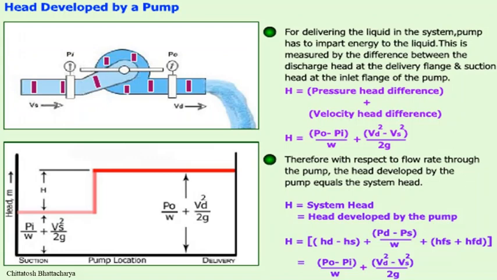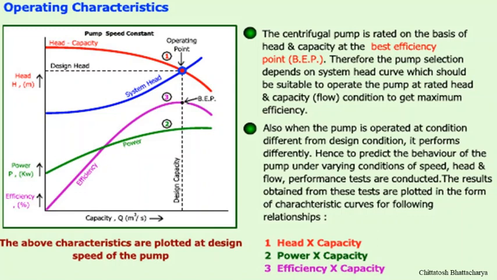Now let us try to understand the operating characteristics. Whenever we employ a pump for a particular purpose, we know what is the rate of flow required for that purpose. So knowing the flow requirement, we select the pump to get available pump head which will match with the system head, and so we will get the availability of fluid flow at a best efficiency point.